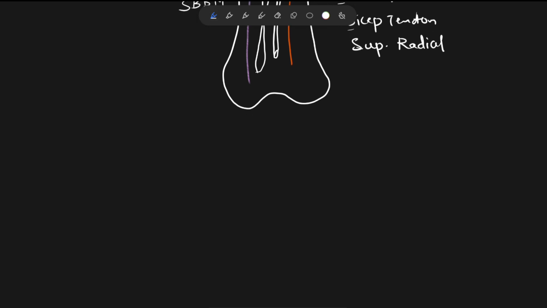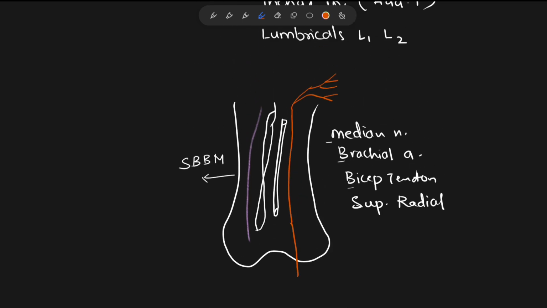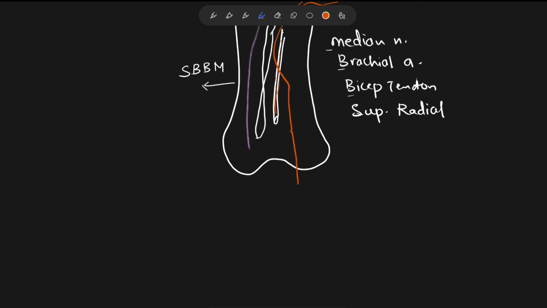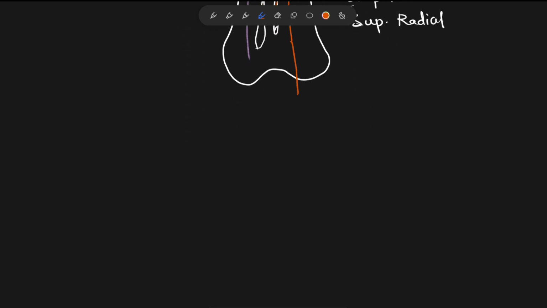Now it will go all the way from the cubital fossa, and over here it will cross the brachial artery. This is our brachial artery. It will cross and come to the medial side of our arm.